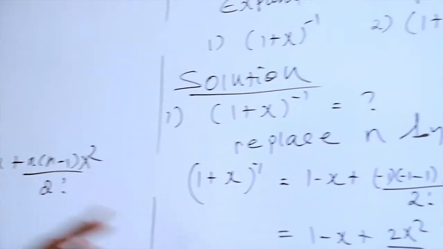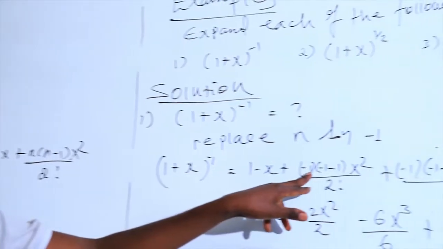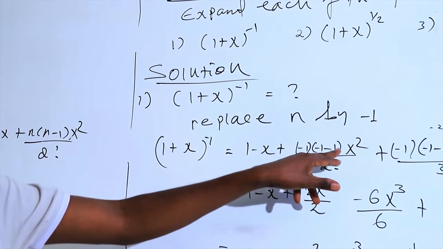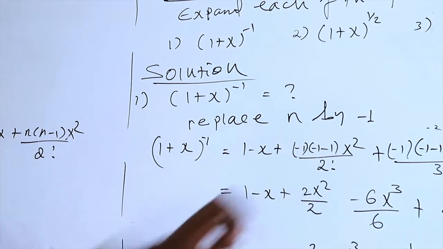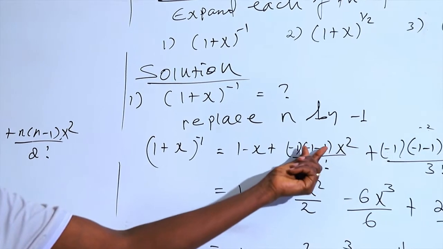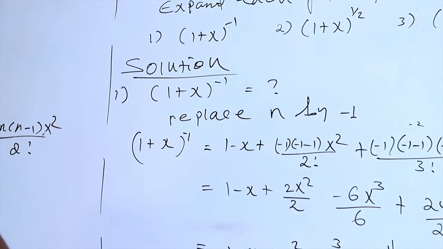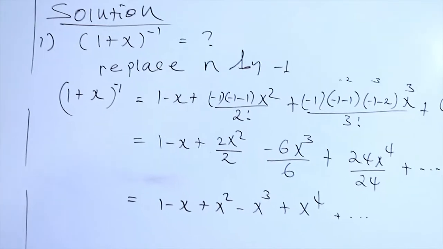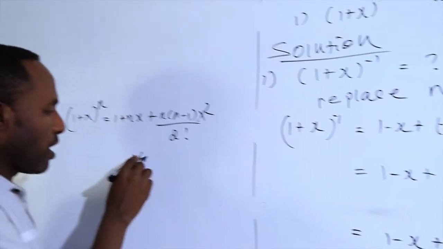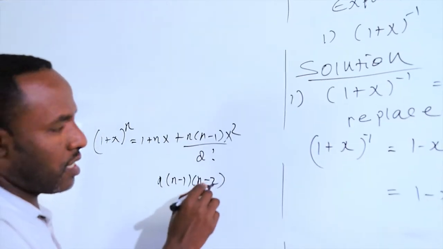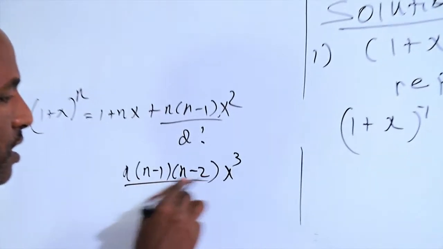And again n into n minus 1, n is negative 1, and n minus 1 is negative 2, so negative 1 times negative 2 is positive 2 over 2, which is simply x squared. And the next part is n into n minus 1 times n minus 2 times x to the power of 3 over 3 factorial.